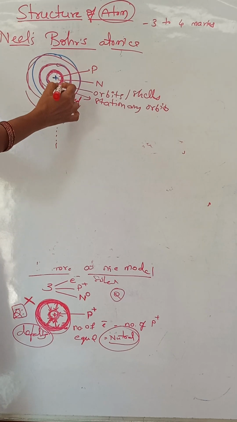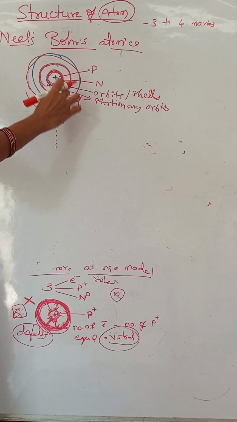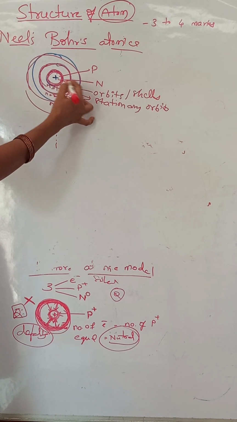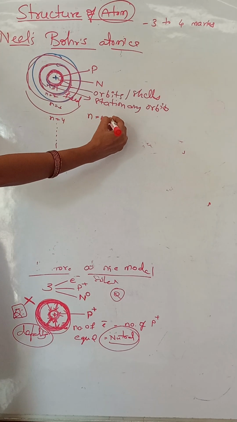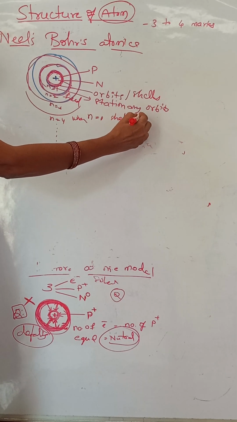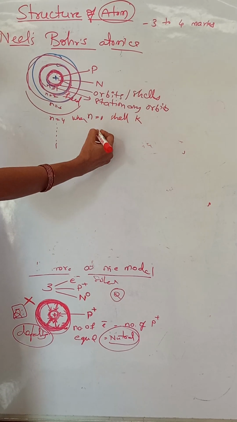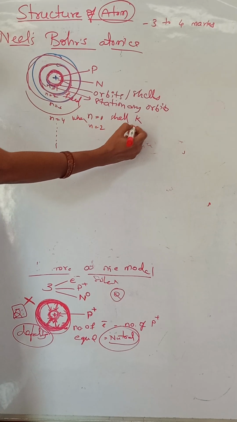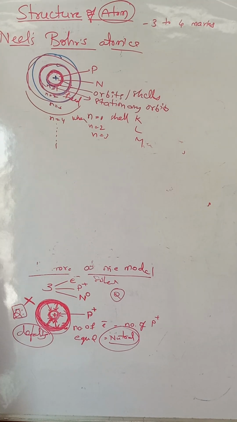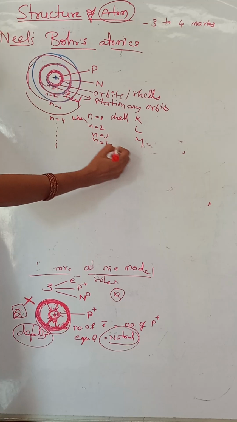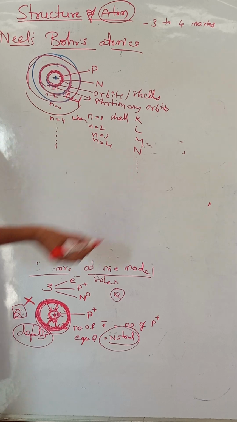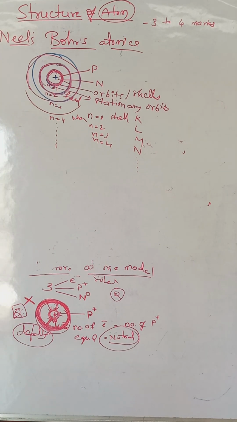He also denoted every circle by a name. When n equals 1, the shell is K. When n equals 2, the shell is L. N equals 3 is the M shell, n equals 4 is the N shell, and so on.